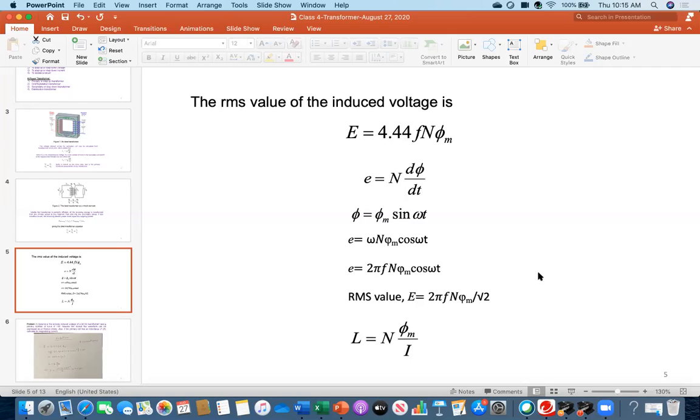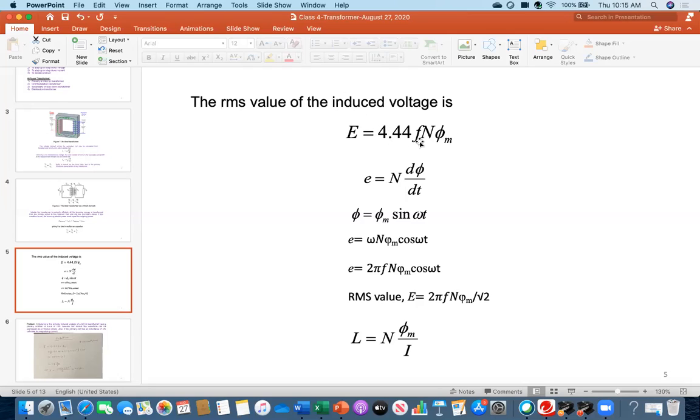At that time we discussed, in case of a sinusoidal voltage or current, the RMS value is magnitude divided by root 2. That is exactly what I am doing. Therefore, if you have a calculator, you do 2 pi divided by root 2. That will give you 4.44, and then f, N and phi m. So from now on, you will be using this equation to calculate the primary side or secondary side induced or developed voltage, which is the RMS value.